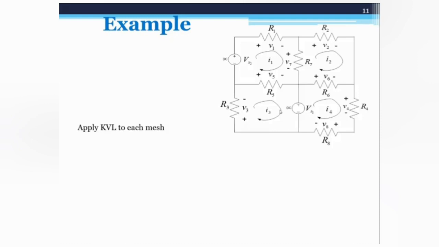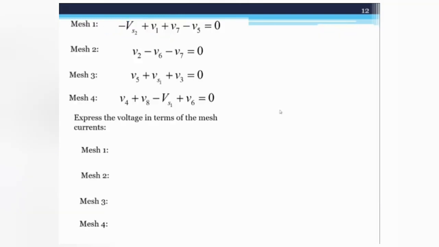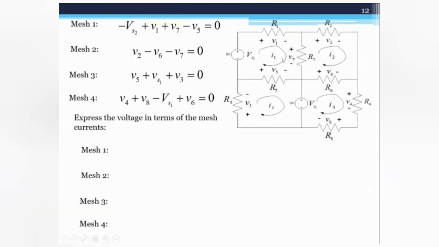So when we apply KVL for this circuit, first for loop 1. KVL states that the algebraic sum of the voltages is equal to 0. Therefore, for this first loop, our equation becomes Vs2 equal to I1 R1 plus (I1 minus I2) R7 plus (I1 minus I3) R5.